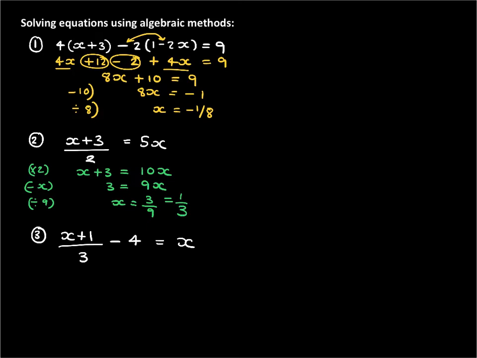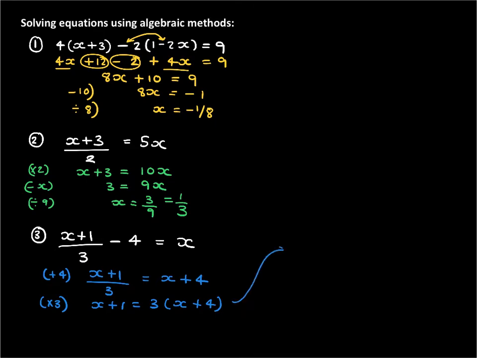And our last example, there are different ways of going about this. I'm going to add 4 to both sides, first of all, which simplifies working a lot because we then have x plus 1 over 3 equals x plus 4. Then multiply by 3, x plus 1 equals 3 bracket x plus 4. I've unfortunately rather run out of space here.